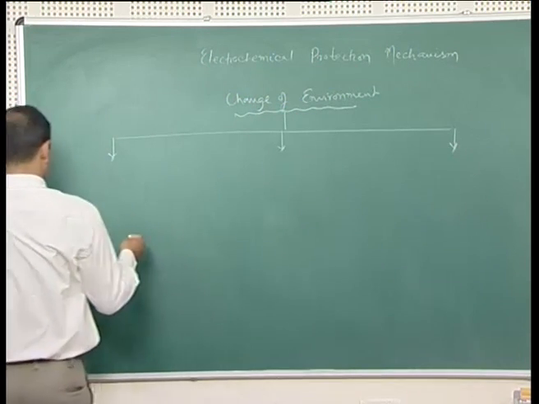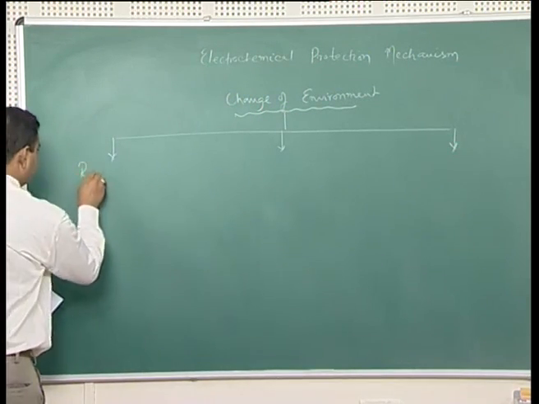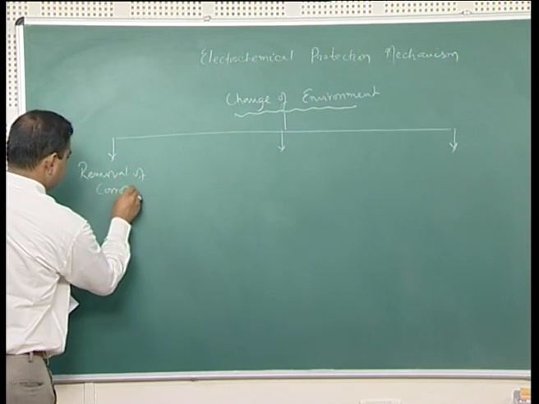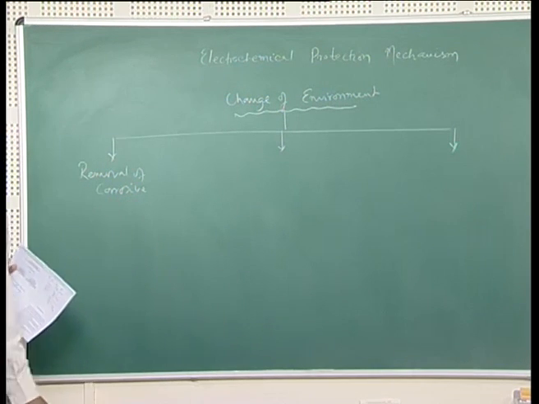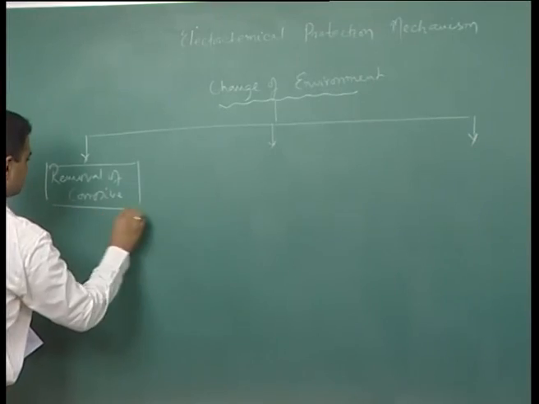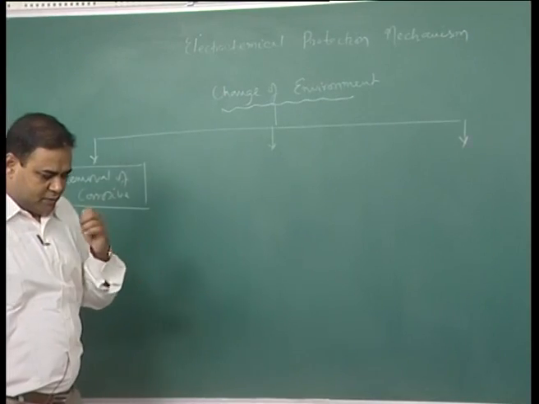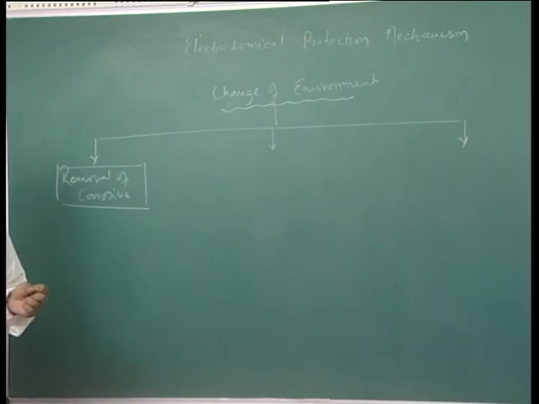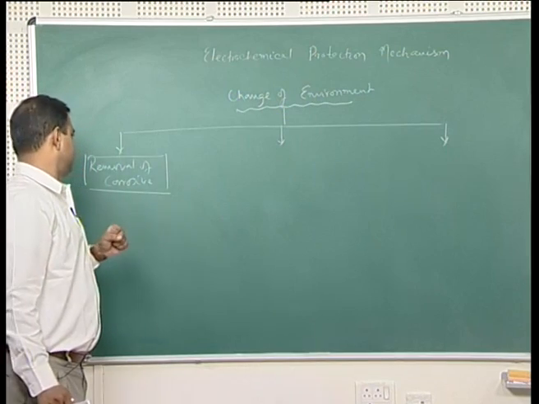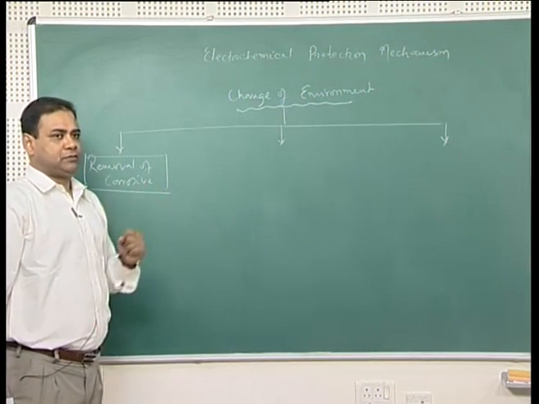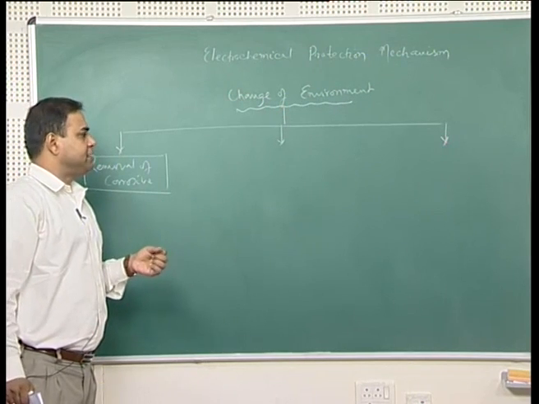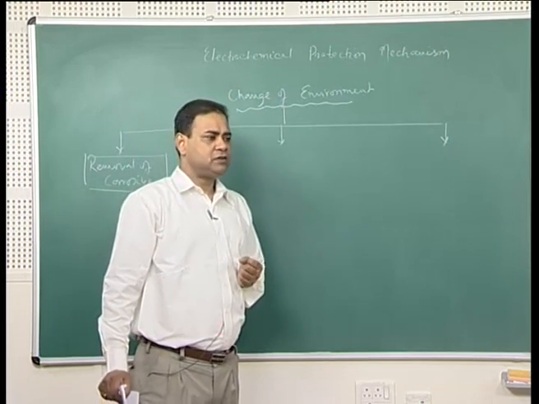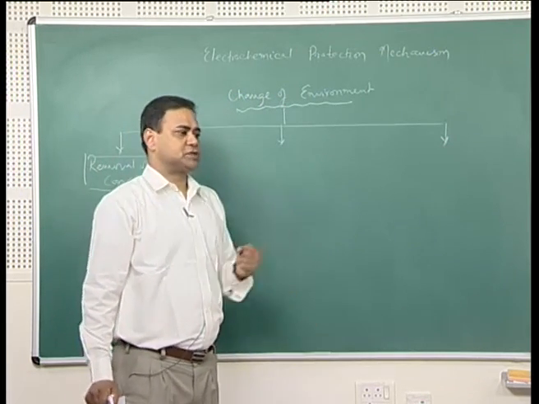One is removal of corrosive agents. We have seen that in case of zinc corrosion in HCl, if we have impurity, then the corrosion rate of zinc increases. So, if you can get rid of the impurity. Another case is if you can get rid of dissolved oxygen. If you do not have dissolved oxygen, then the corrosion rate automatically goes down.